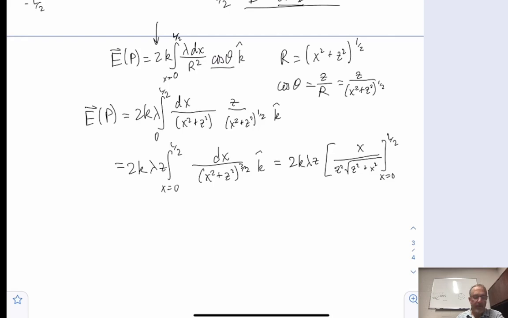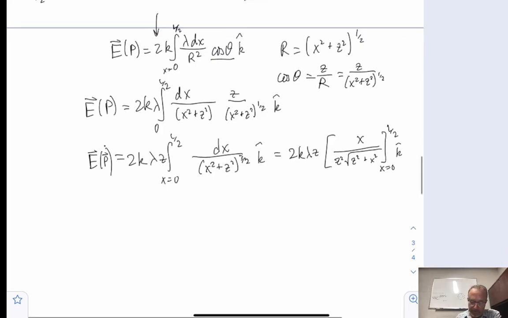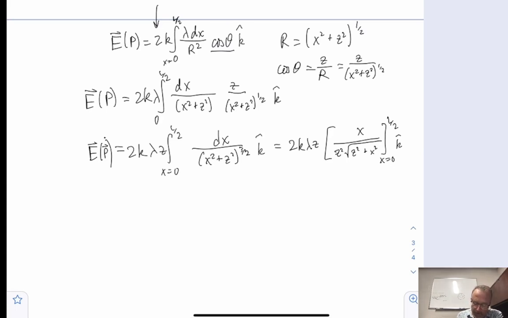Now, again, this only worked because I had symmetry. If I didn't have symmetry, I would have to go ahead and integrate the whole big thing. That's no problem. There will be examples where we do that, but not too concerned about that. So let's keep going.